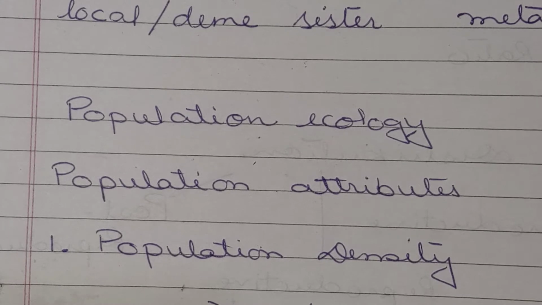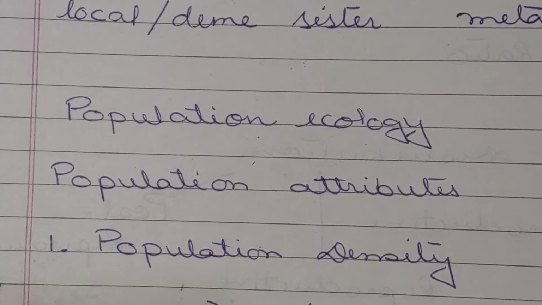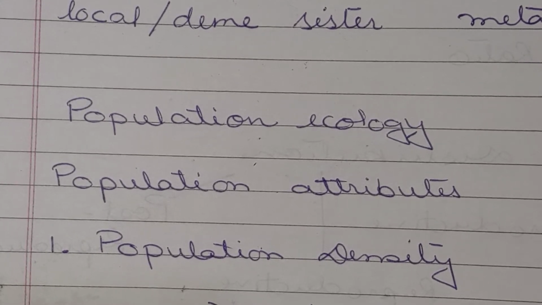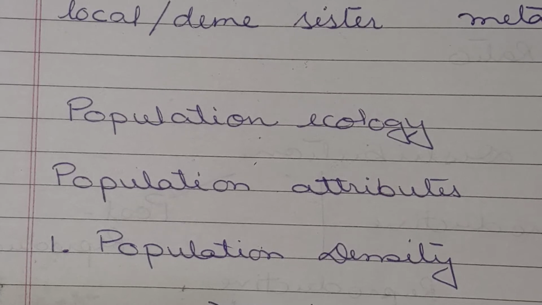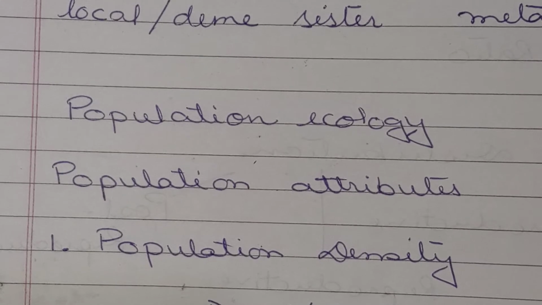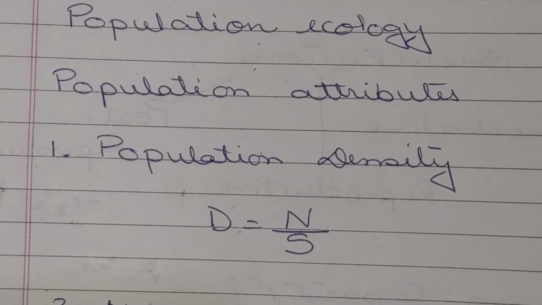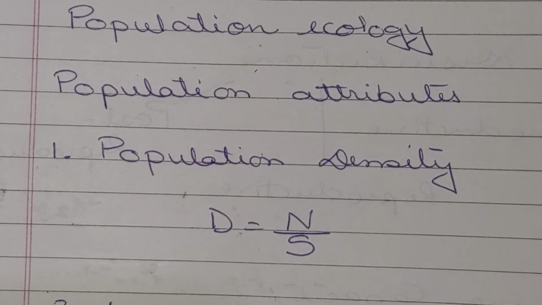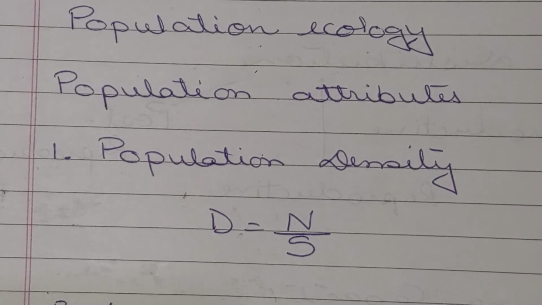Next we come to the population attributes, which is the most important part. Population attributes means all the factors which are somehow or the other influencing the population of a particular area; these are together considered to be the population attributes. First is the population density. It indicates the size of a particular population.